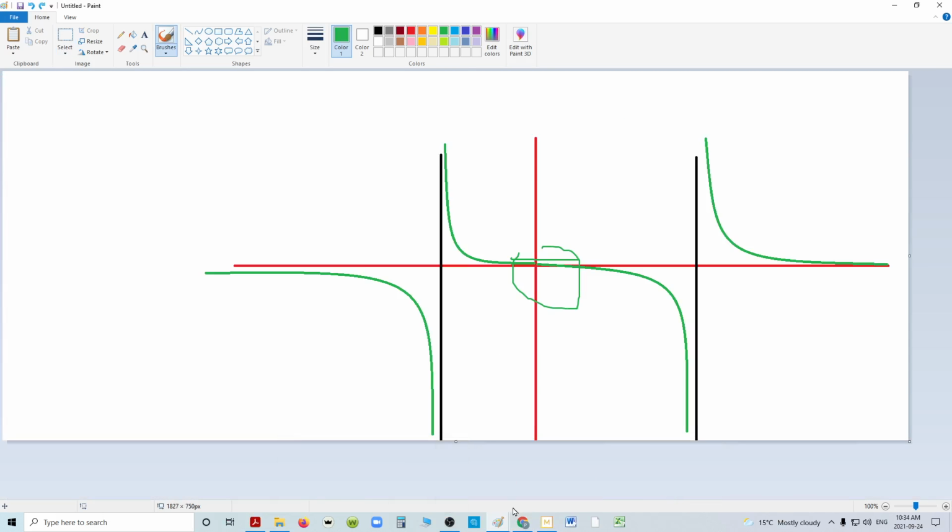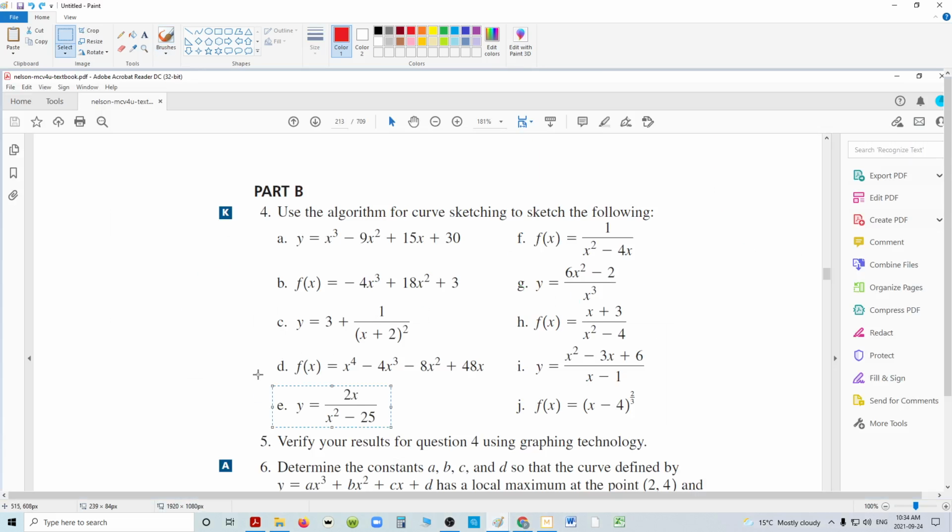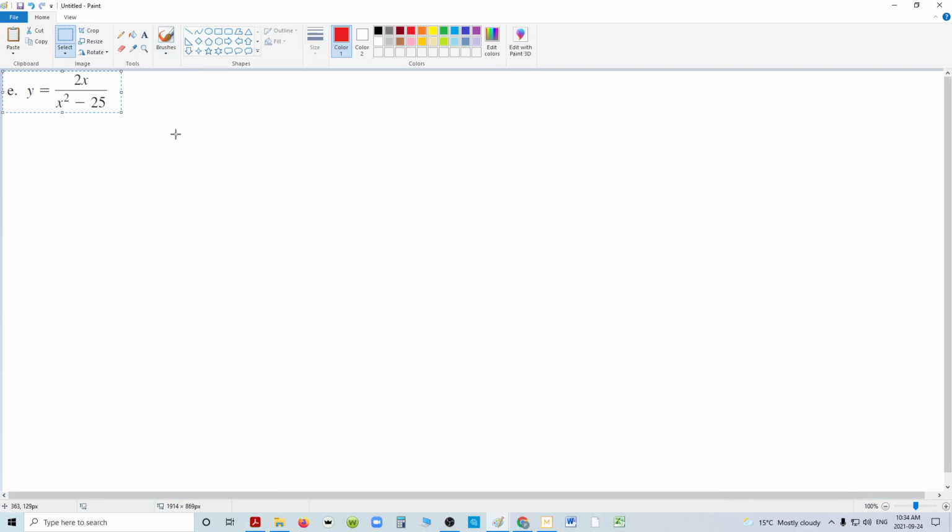But if you decide to, the process is a little bit difficult. You must find out the derivative of 2x, which is 2. You must find the derivative of x squared minus 5, which is 2x.